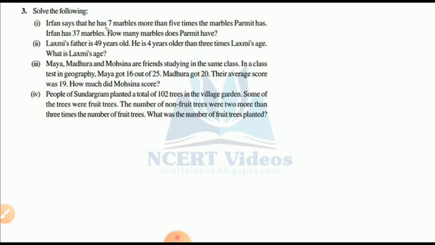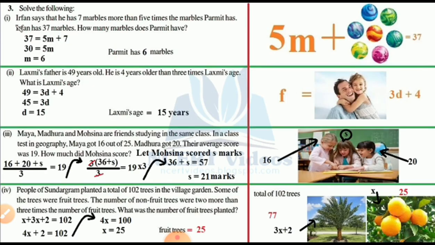Question number 3. Solve the following. Irfan says that he has 7 marbles more than 5 times the marbles Pramit has. Irfan has 37 marbles. How many marbles does Pramit have? This equation we already created in our first exercise.